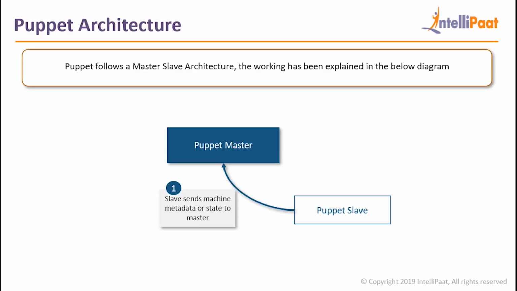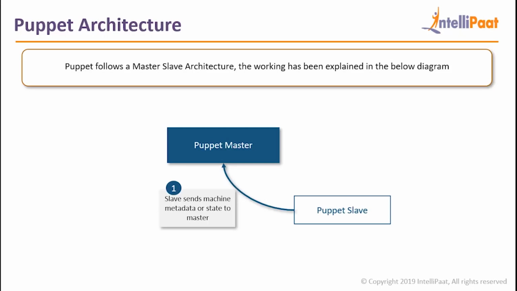When the master slave architecture is set up and everything is set, whether or not there is any change on the master, the Puppet slave time and again sends its state information to the master, and the master checks whether the state sent by the slave is what is required from the slave or not, right?